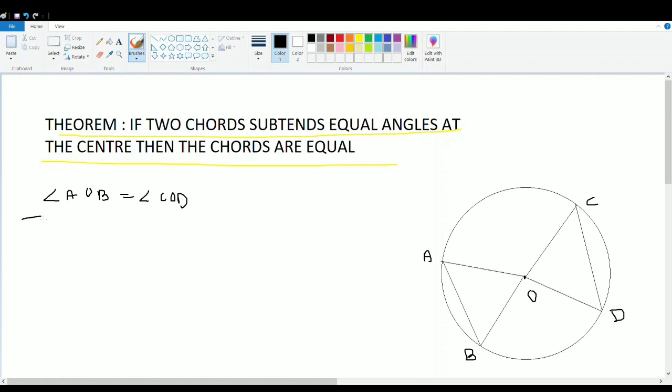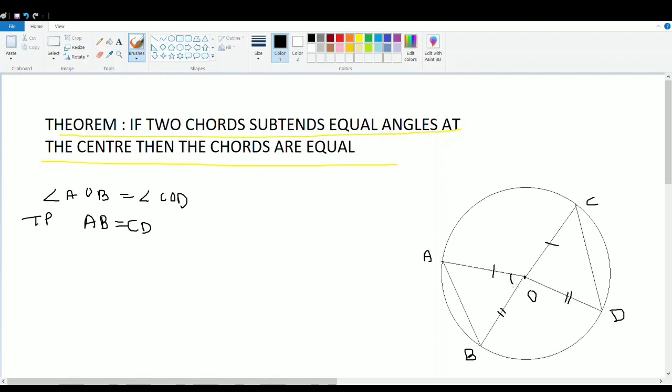Now to prove that AB is equal to CD, we will again take help of congruency. We know that this side is equal to this side because they are the radii of the same circle. The radii of a circle are constant. Similarly, BO is equal to DO because of the same radii.